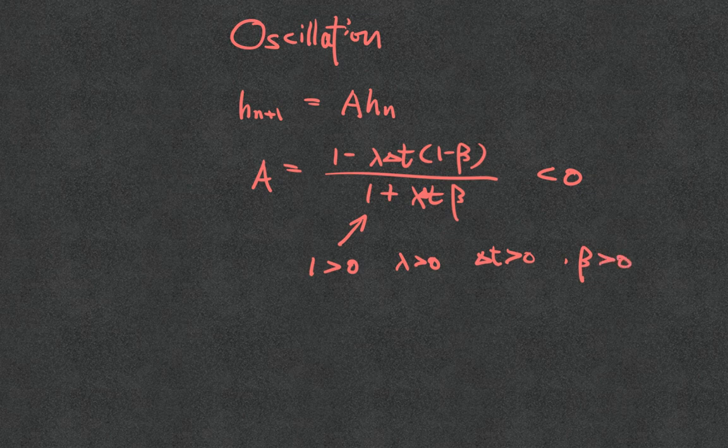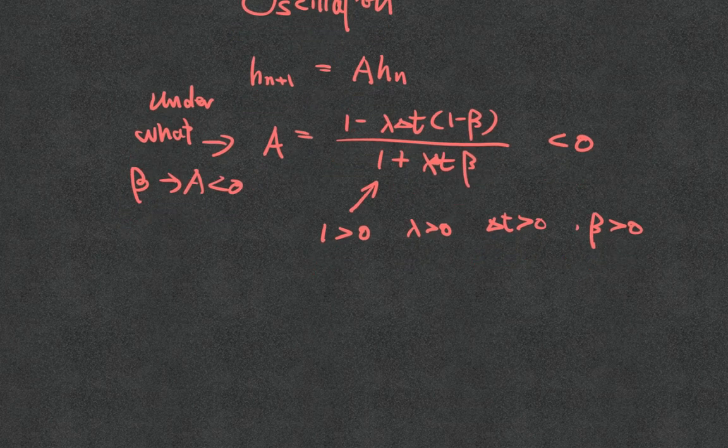Okay, you see what I mean? So now, we want to check under what beta A would become smaller than 0, okay? Now in this case, what we need to consider is just this term.